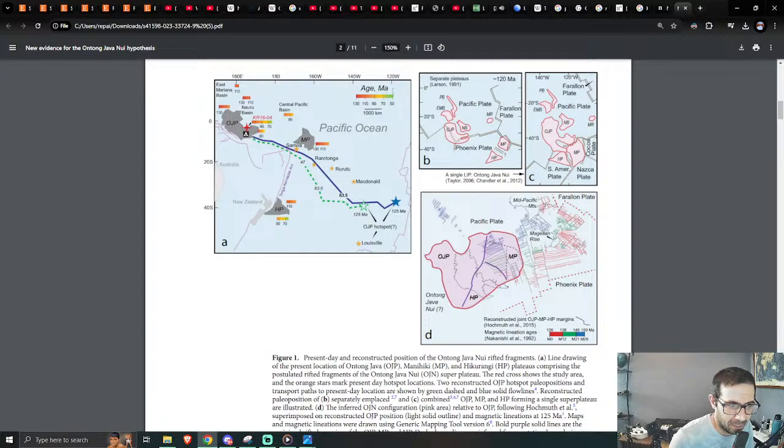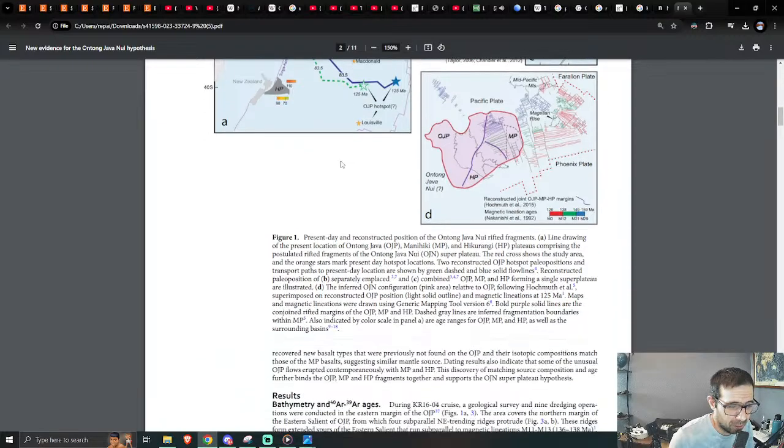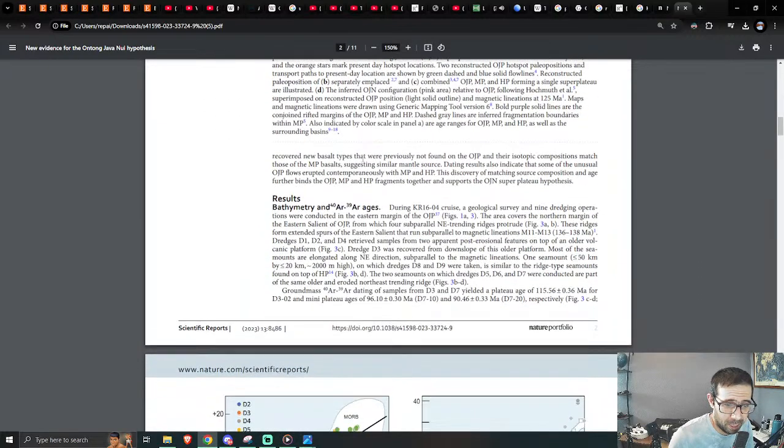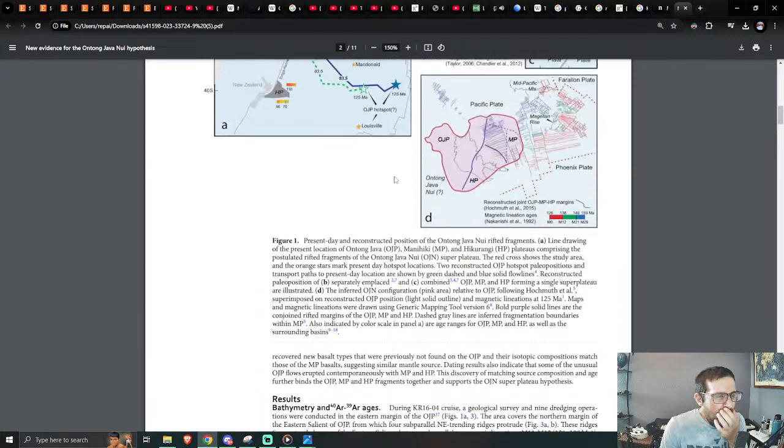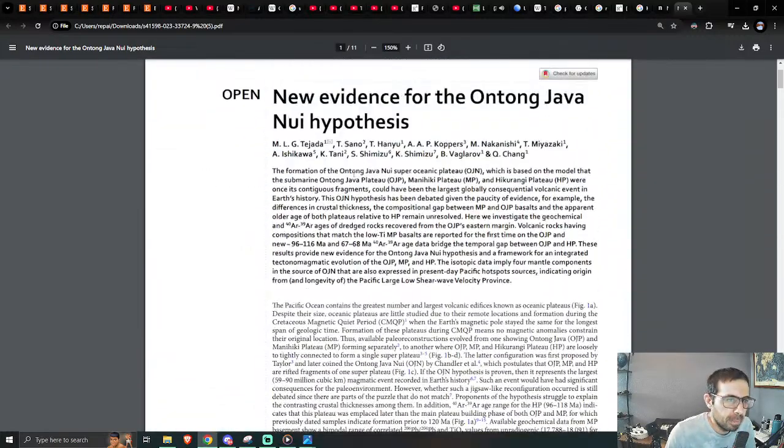Okay. So it's in the range of like 130 to, I guess, 90 at least. Let's see what this has. The formation.